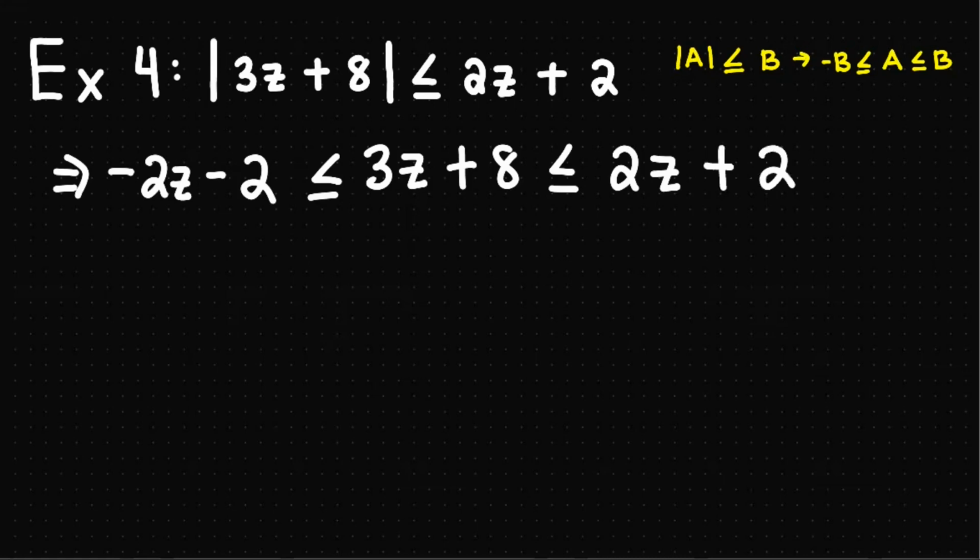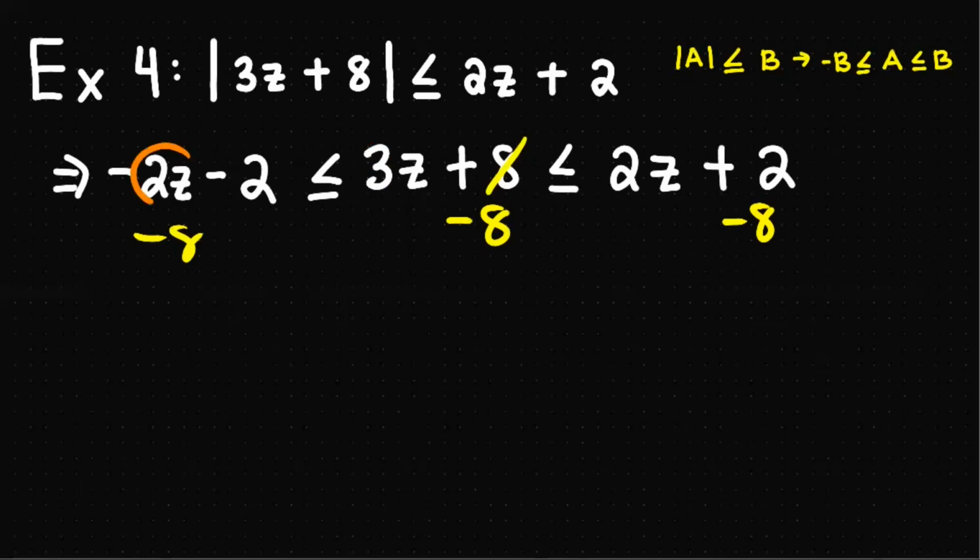Now from here, observe that we can't really solve this simultaneously, since we cannot subtract 8 out here to eliminate this. But in terms of eliminating the 3z, we can't really remove this out here, since the z's on the right and the left are different in signs.